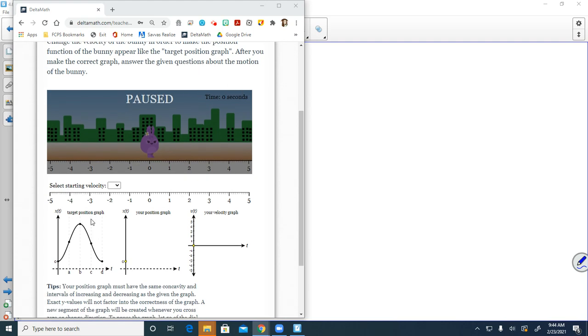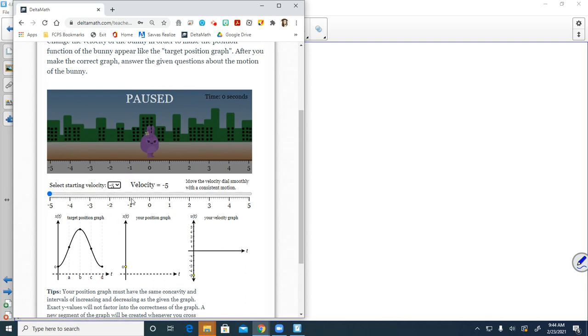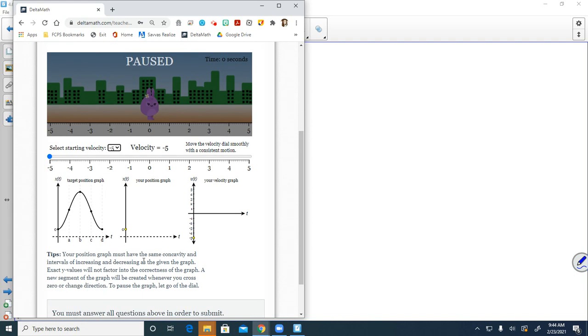So I have a target position graph. This is what it is. So I want to try to make this bunny move along this line so that the position graph matches this one. So I'm trying to make that happen. Now let's see what happens. You can start the bunny at either -5, 0, or 5. Now, tips. Your position graph must have the same concavity and intervals of increasing and decreasing.